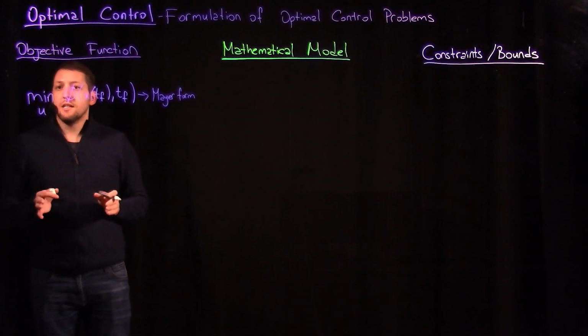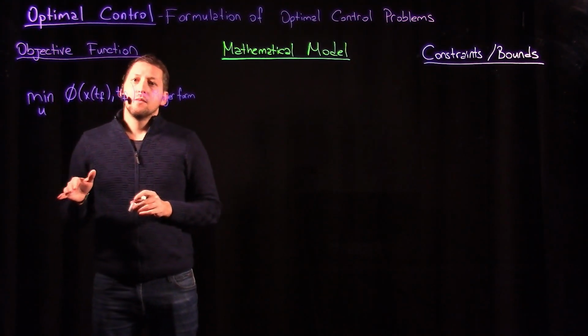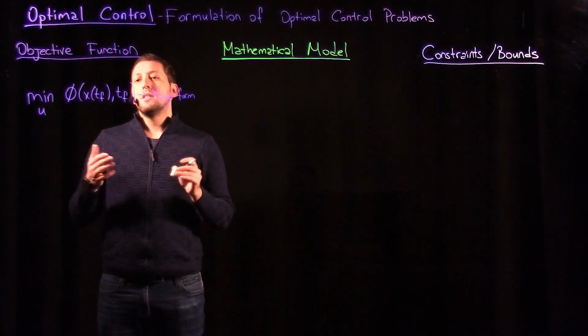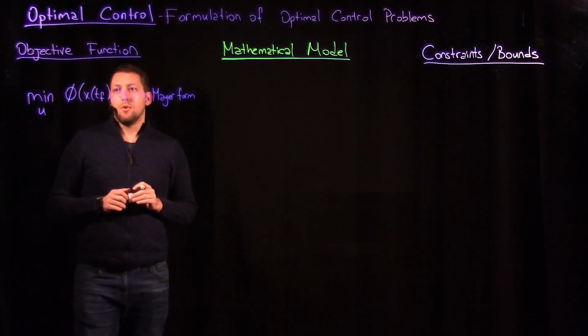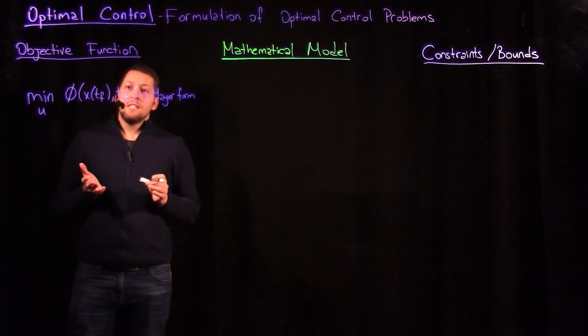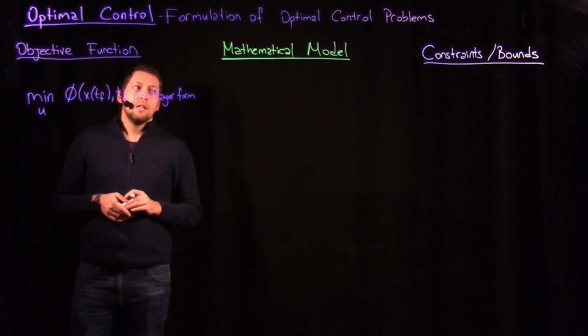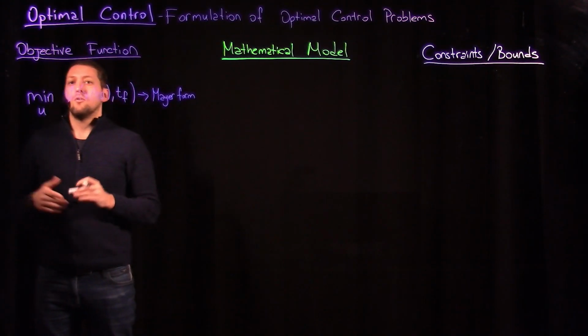But of course, this is not the only thing that we can use. We could also consider the trajectory performance in between, for example how this yield rate ends up at TF. That may also be important, so we need another type of objective function that sums every quantity in between.